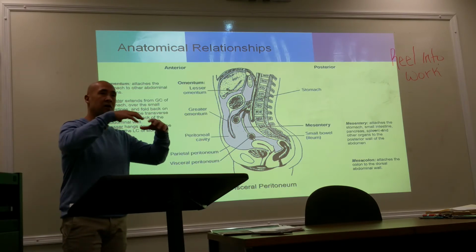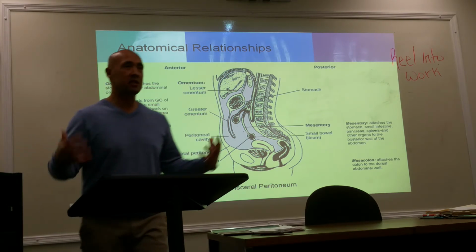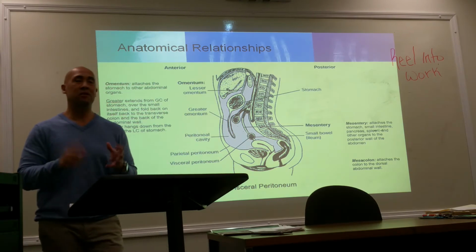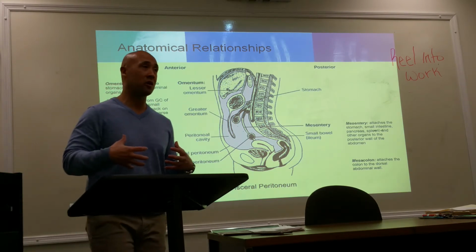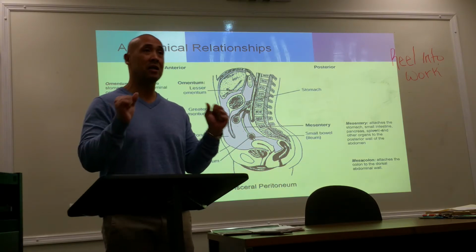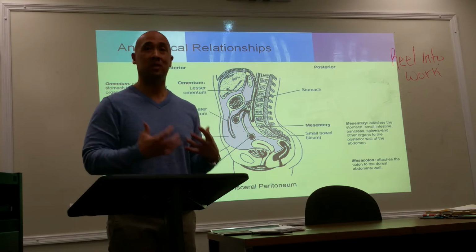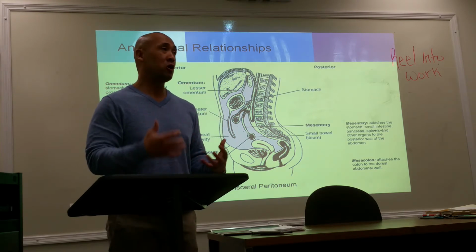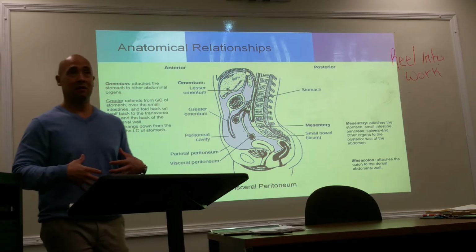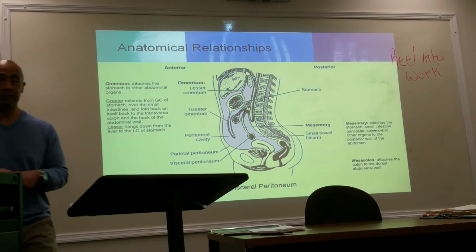So we have the membranes, they're folded into all different directions. And one of the purposes of this peritoneum is it attaches all these different organs into the abdominal wall and other organs. That way it doesn't move around, it's actually attached to something. That will allow you to move around, jump around, and your organs stay in place. So that's one of the purposes of the peritoneum.